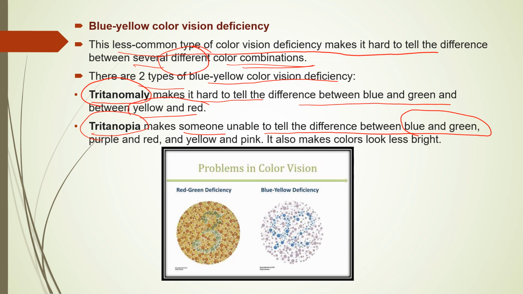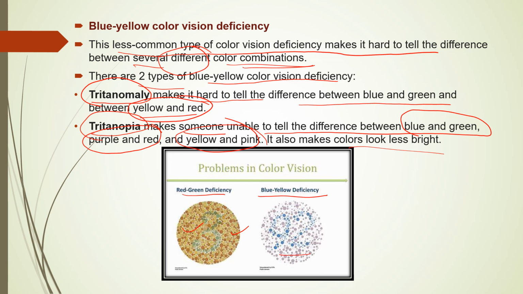So, first one is they are unable to make the difference between yellow and red, and second one is they are unable to make the difference between blue and green, and they are unable to make the difference between purple and red, yellow and pink. So many colors are there. It also makes colors look less bright. So, in red and green deficiency, they're unable to see the colors like this, and in blue yellow deficiency, like these colors, they'll not be able to differentiate.